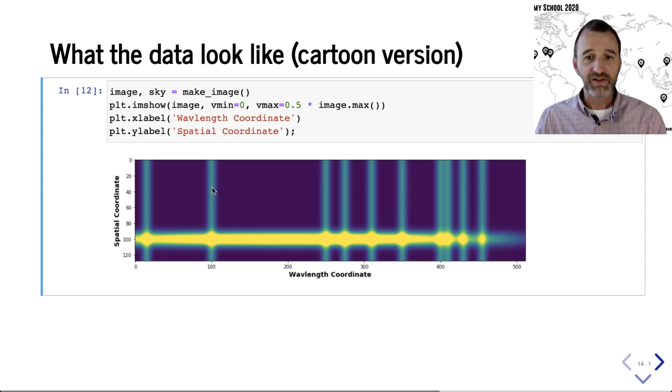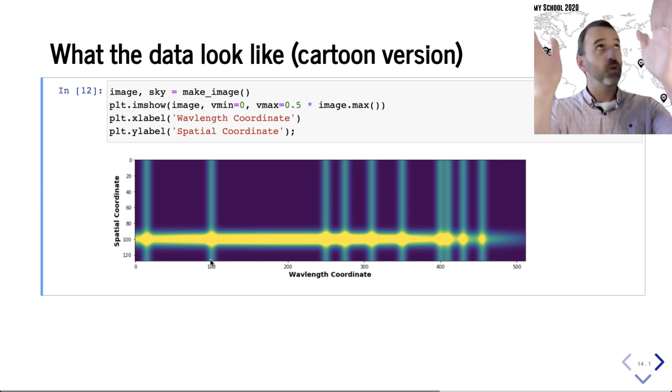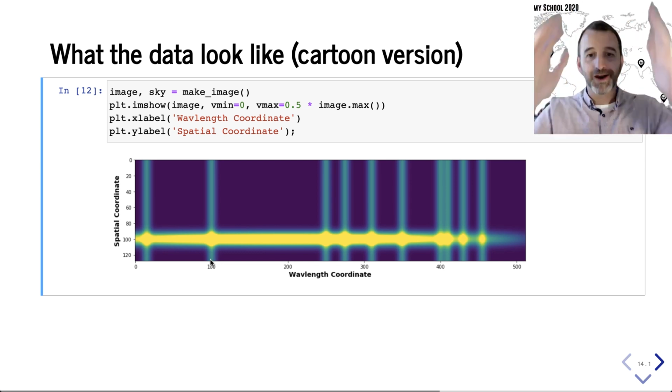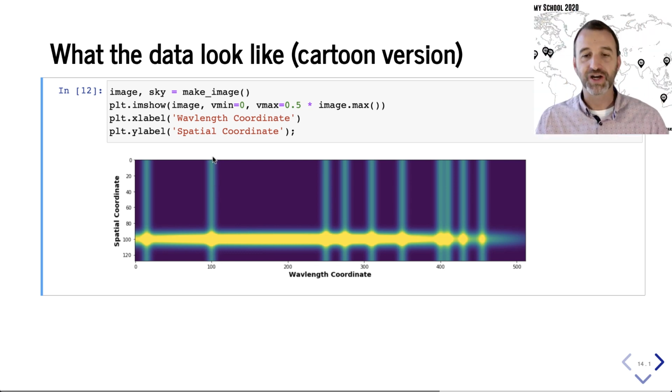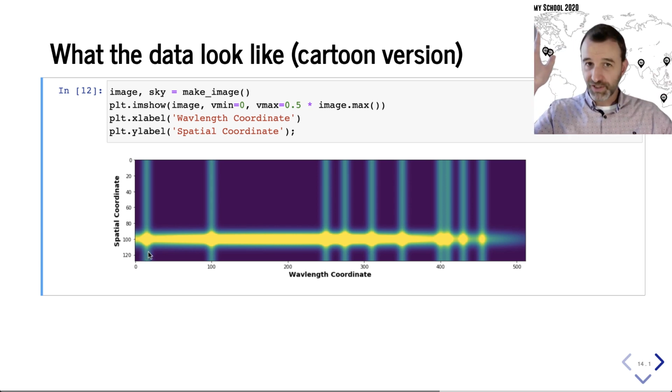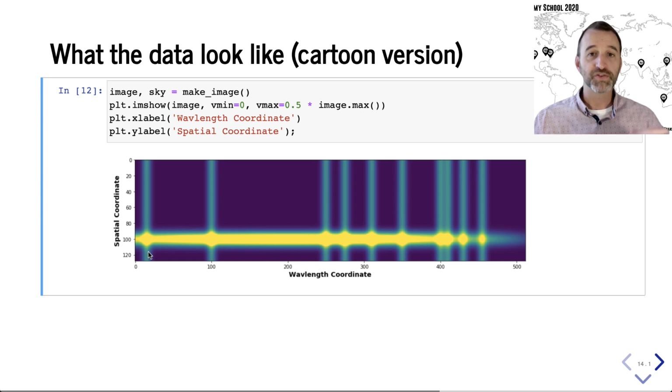So what this is telling you, this is our background. So this could be light from just the air around us. The spectrograph is picking that up, the air in the atmosphere. So no matter where you look, you still are looking through air, so you're going to get some amount of light shining through. And that air above you does have some continuum, but most importantly, it has some emission lines.